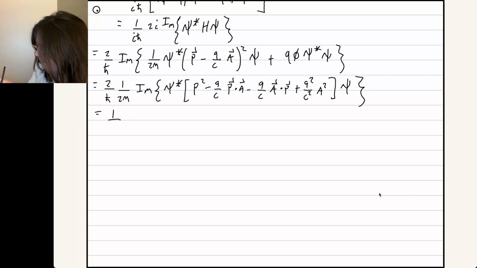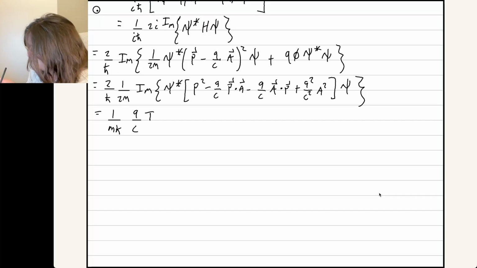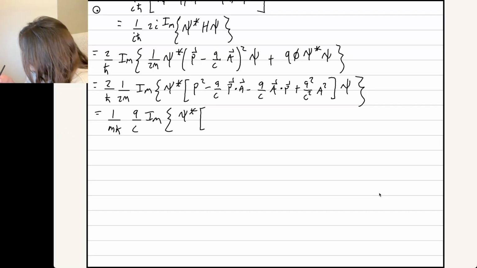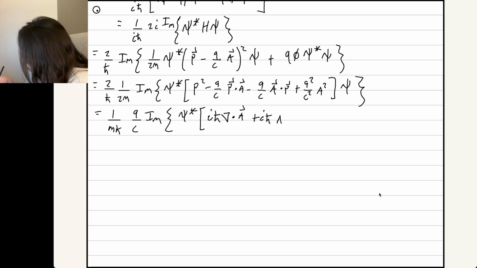So you'll have 1 over m h bar, and then just pull out a q over c because that's all we're looking at now. The imaginary component of psi star, we have i h bar gradient of A plus i h bar A dot gradient psi.